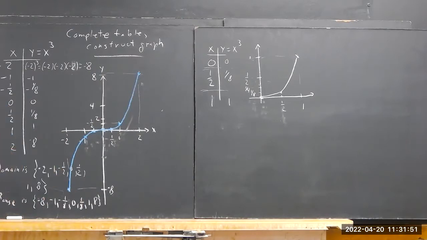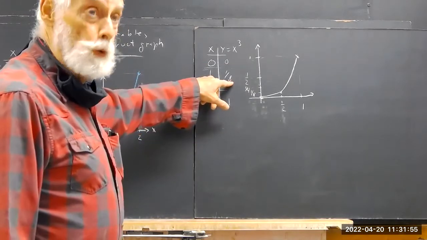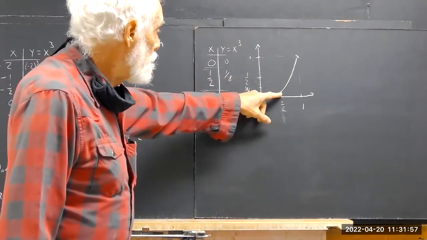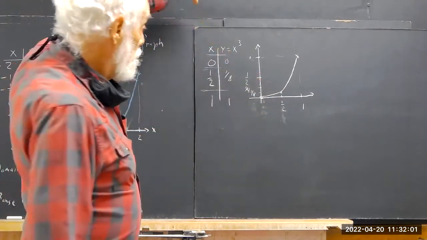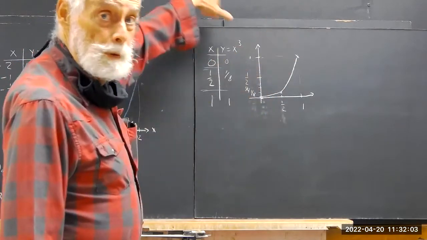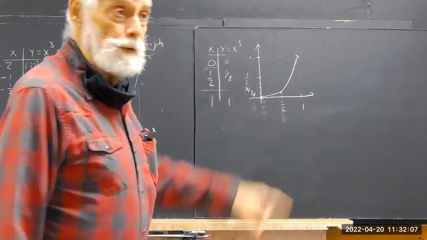You notice also if you did the x-squared function, if this is x-squared, you'd have 1/4 here, right? So the x-squared function would go through this point. It wouldn't be nearly as flat. Of course, in the x-squared function, you have a parabola, and it'll naturally flatten out that way, unlike this function.